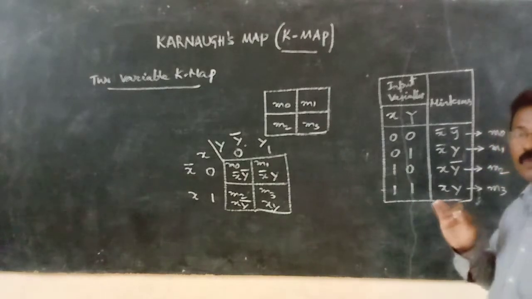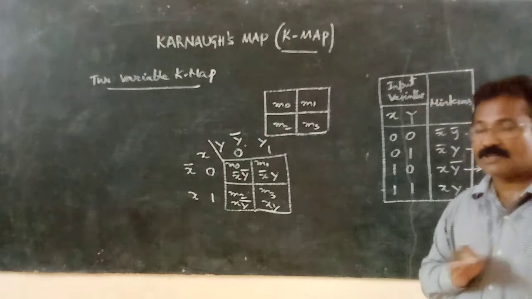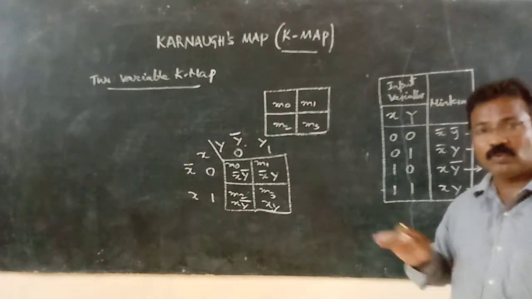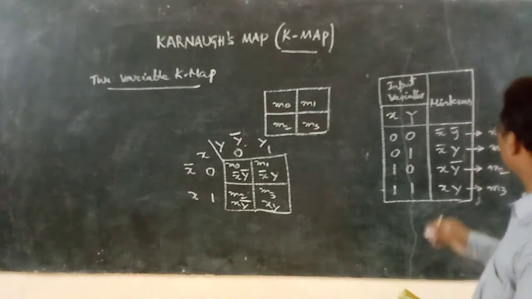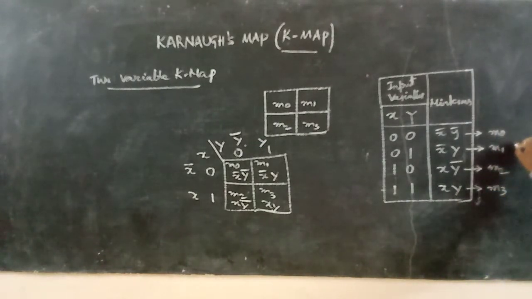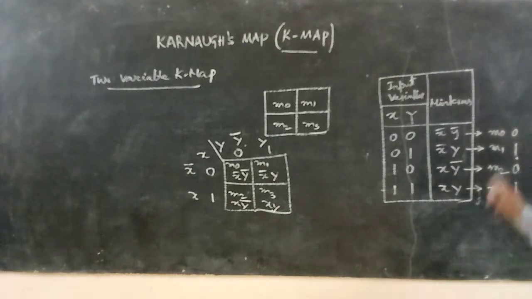Let us take one example for simplification of a 2 variable K-map, the simplification of the Boolean expression for the given truth table. Let us take the output as 1 and 1.